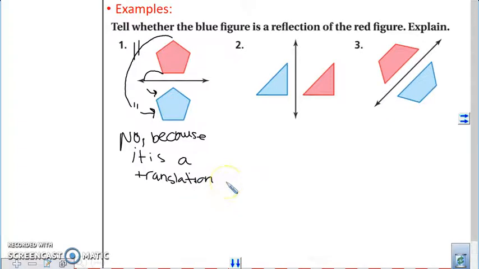Okay, the second one. Is the second one a reflection? No. It is also a translation. So no, it is a translation.